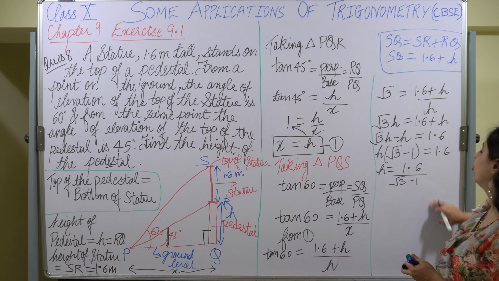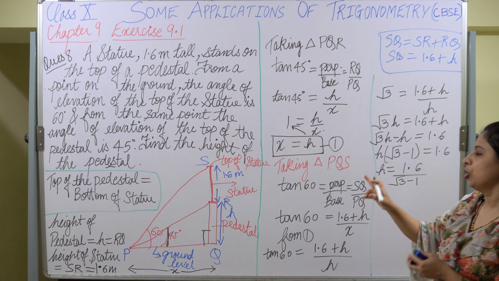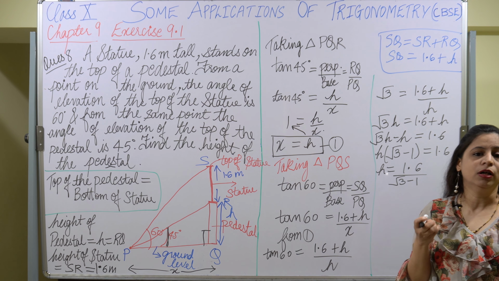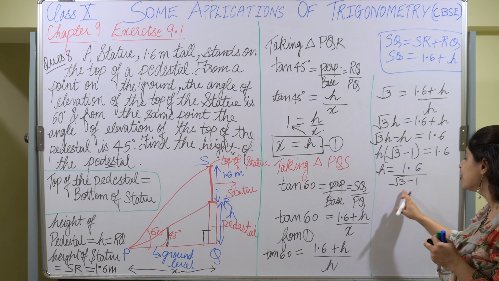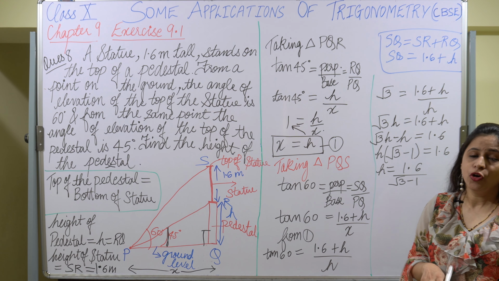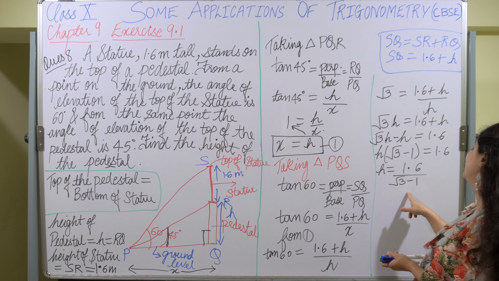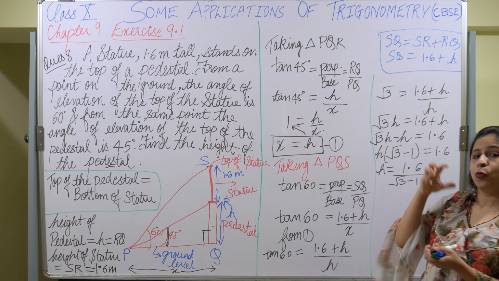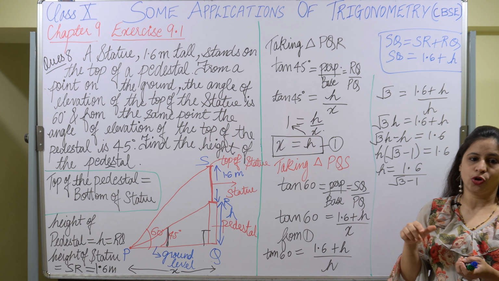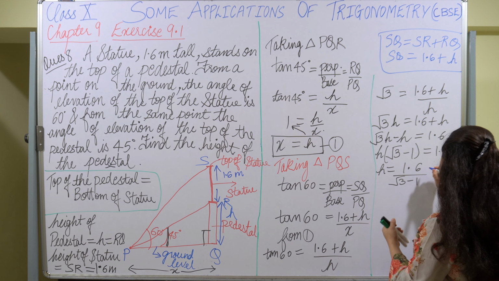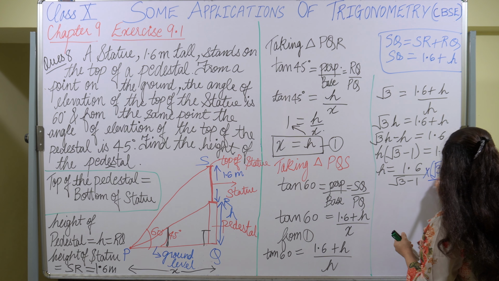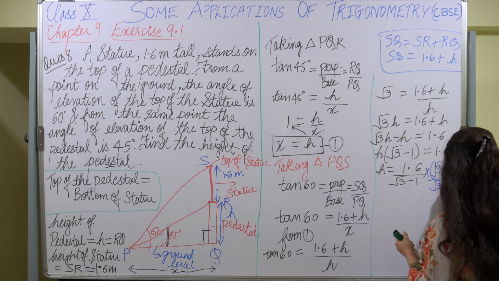My height of the pedestal is h that I need to find out, but my answer cannot remain with a root in the denominator. So I need to rationalize it. For rationalizing, I will take the opposite sign and multiply in the numerator and denominator both. So it will be root 3 plus 1 upon root 3 plus 1.